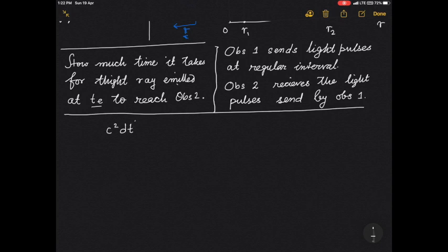Well, we know that c square dt square minus dr square is 0, and anybody a little clever can say that dt, which is the time difference, is given by dr by c.